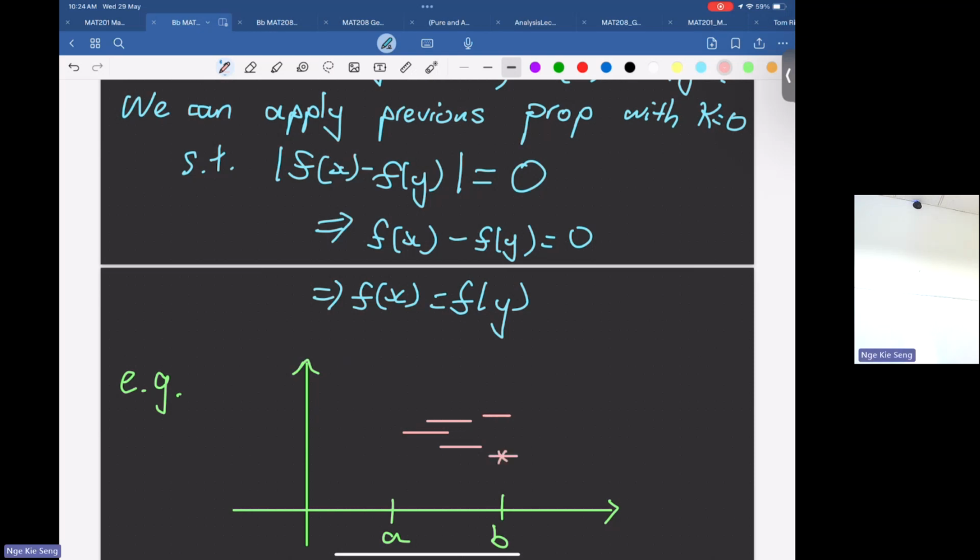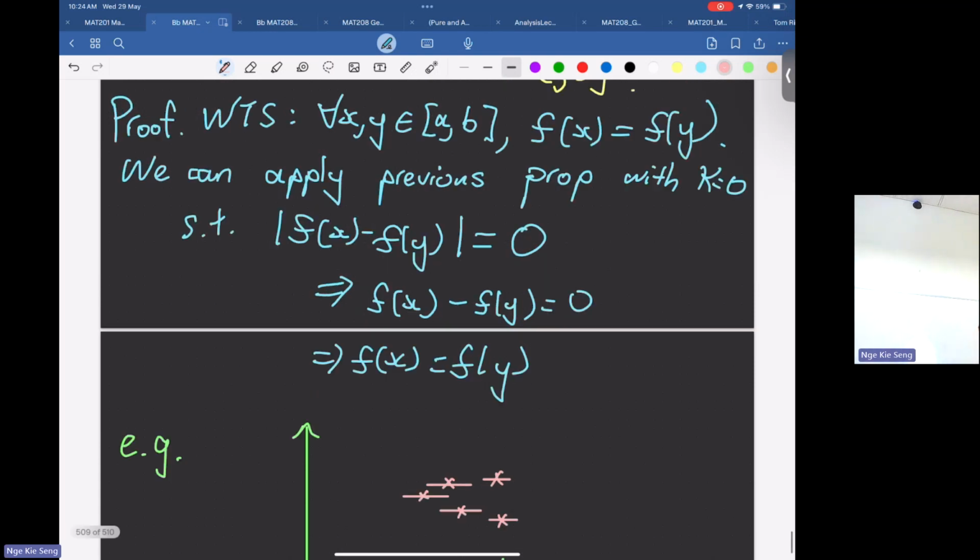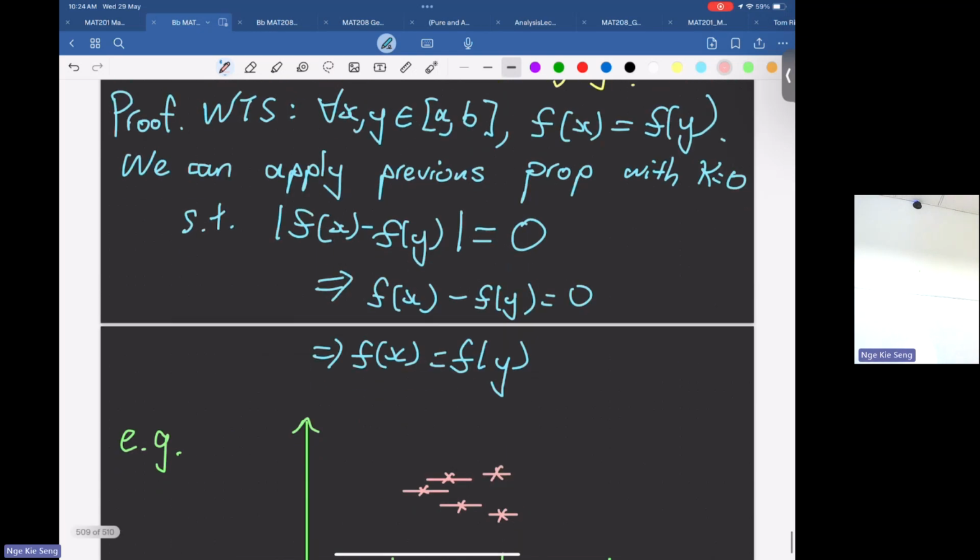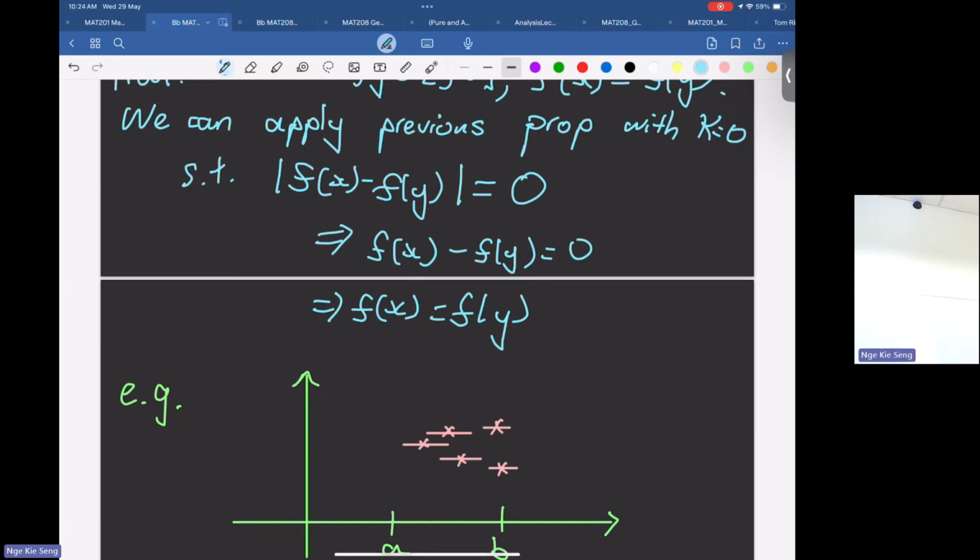Inside AB, the derivative is 0, correct or not? At every point in AB. But this theorem says that actually all these tangent lines have to assemble to a constant line. Okay or not? Does it make sense?